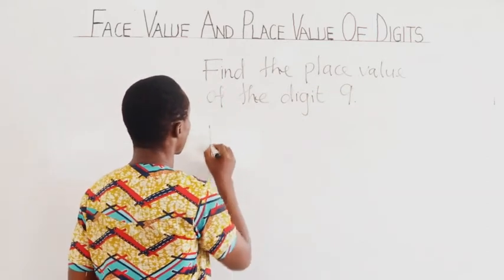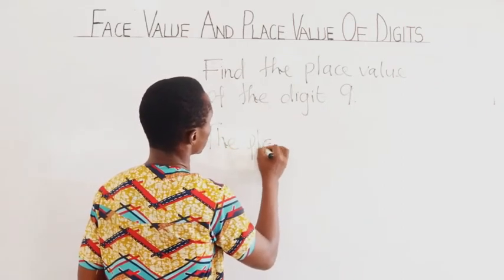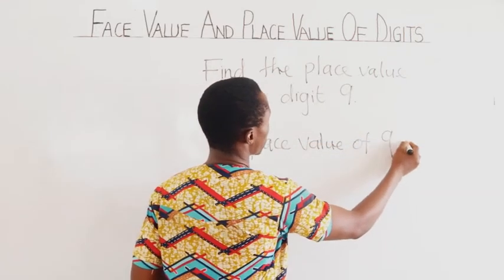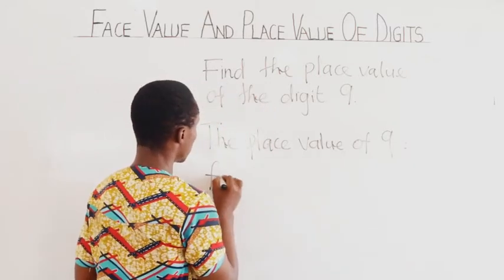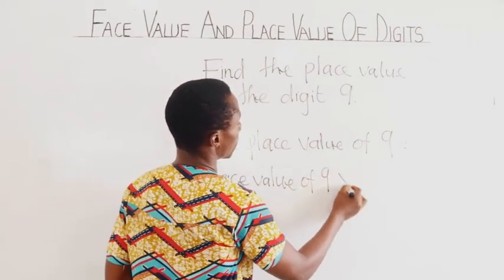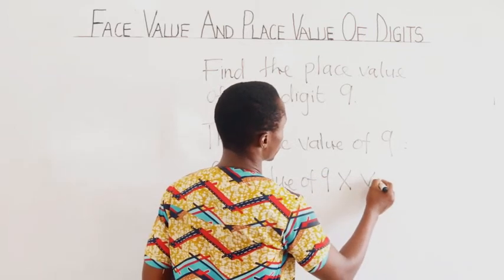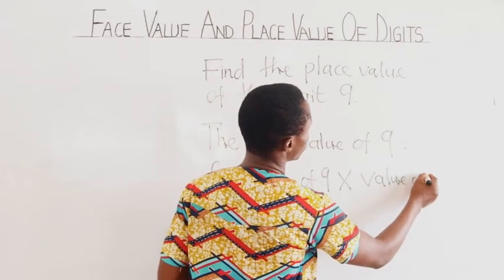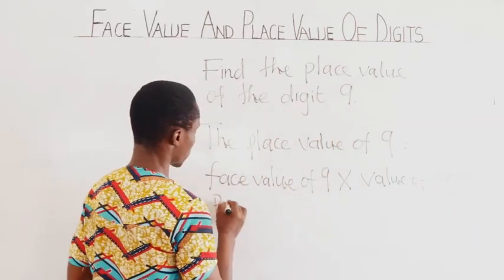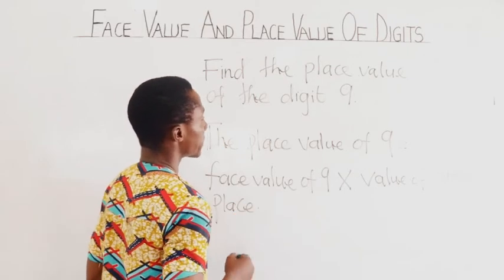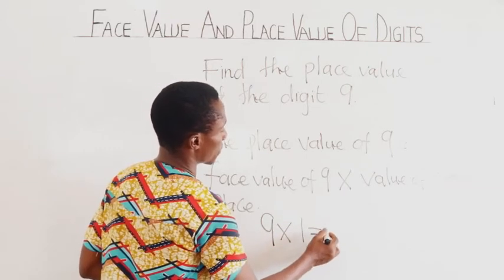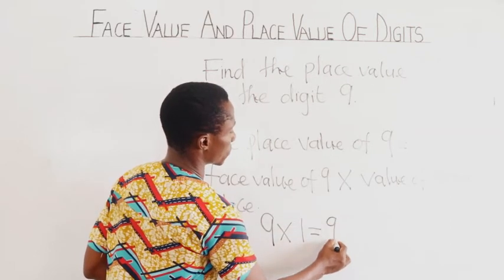So we can say the place value of 9 is equal to the face value of 9 multiplied by the value of the number place. And that will be 9 multiplied by 1, which is the value 9.